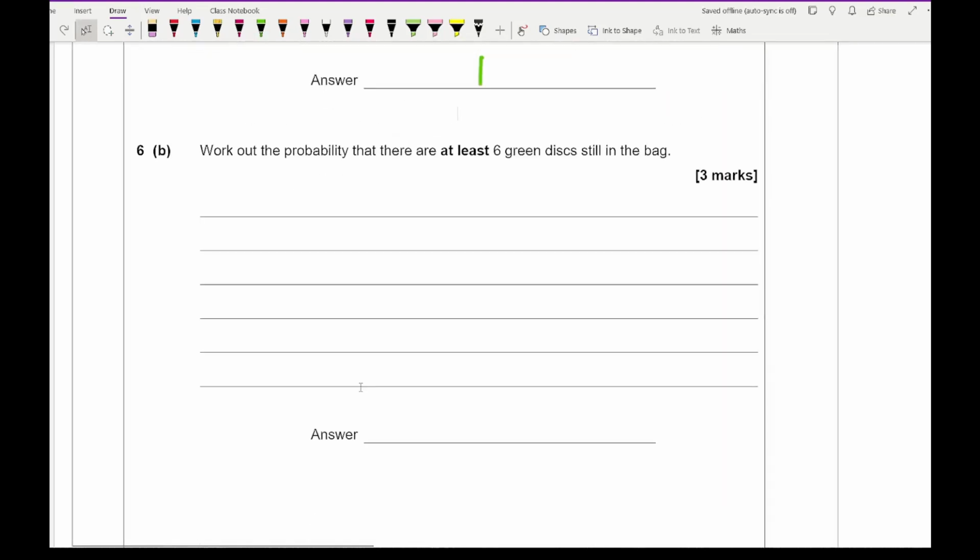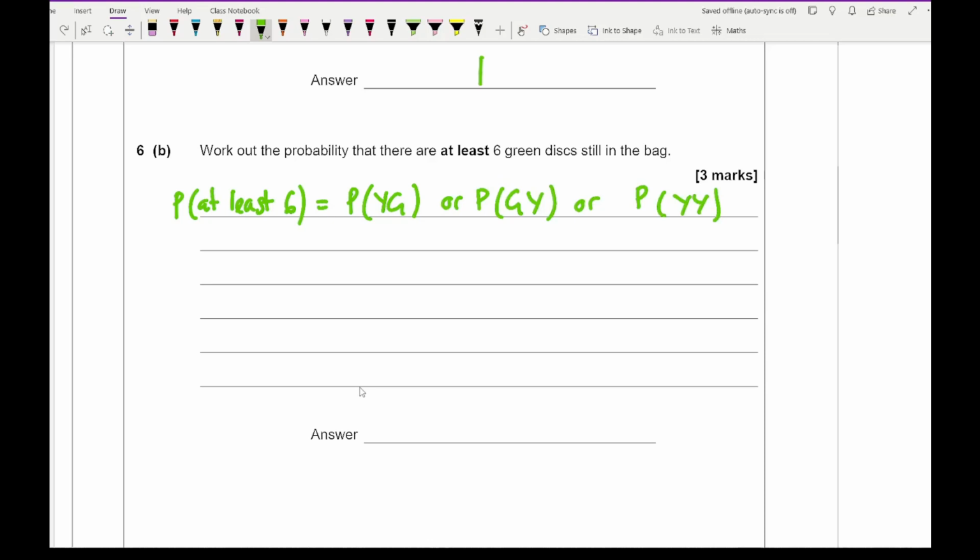Then it says work out the probability that there are at least 6 green discs left in the bag. Well, in order for there to be at least 6 green, then either you're picking a yellow one and a green one, or a green and yellow, or you're picking 2 yellows.